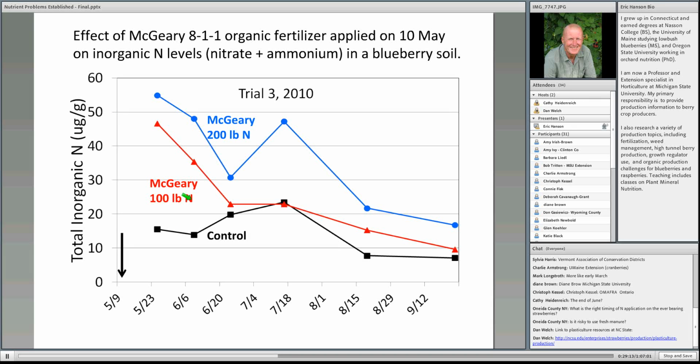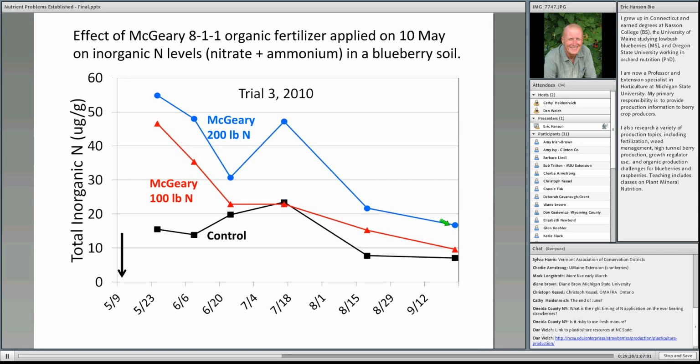So you can see that there was a pretty immediate release of available nitrogen, and it tended to decline as the season progressed, but particularly at the higher rate, there was still an elevated level of available nitrogen in the middle to end of September during this study.